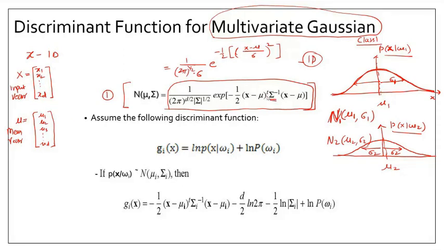Now this sigma inverse, or this sigma, is called the covariance matrix. Sigma is called the covariance matrix, which is the relation amongst the different features in your data.